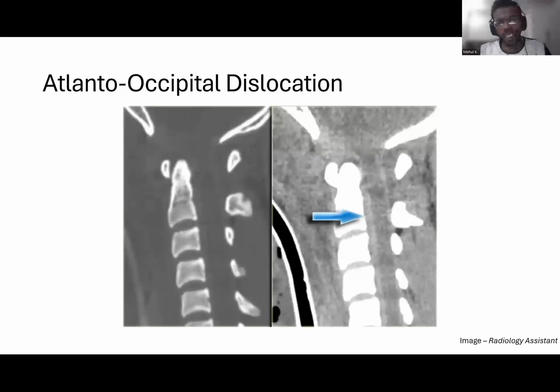Now, one clue that you can use to diagnose this is spinal cord EDH, which is highlighted with the blue arrow here. Almost all of these atlanto-occipital dislocations are going to be associated with some degree of spinal cord EDH. So if you see this, then probably you're dealing with an atlanto-occipital dislocation.